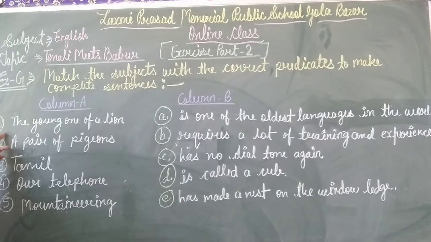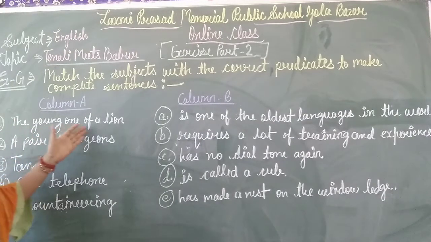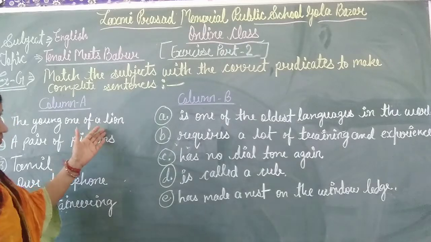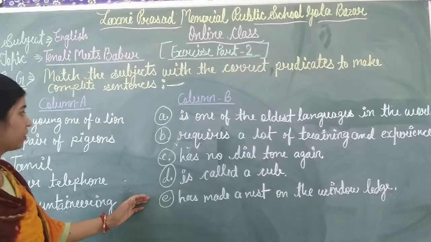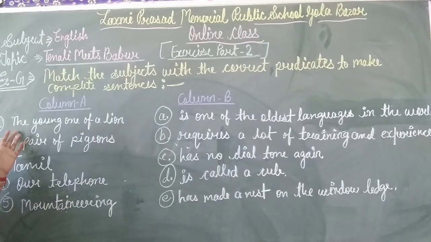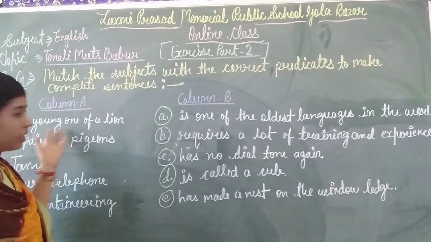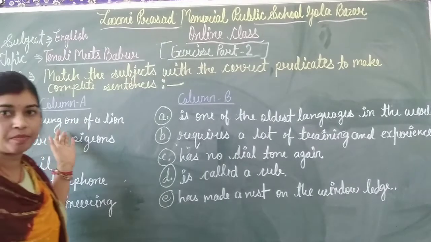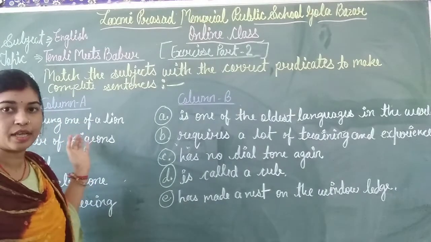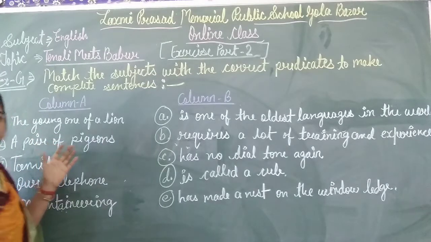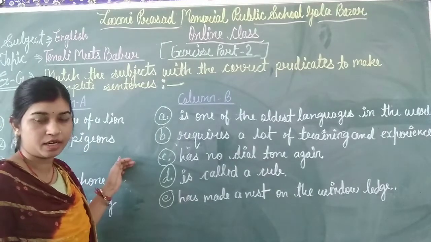Number 1. Number 1 is the young one of a lion. Here are options. So students, tell me, what do we call the young one of a lion? The young one means baby of lion, and a baby of lion is called a cub.